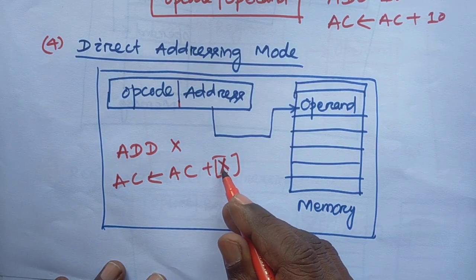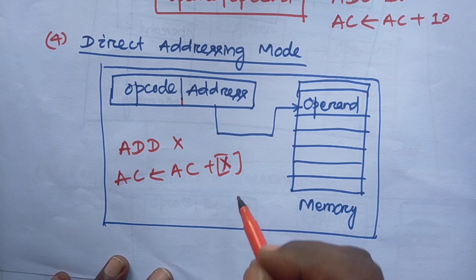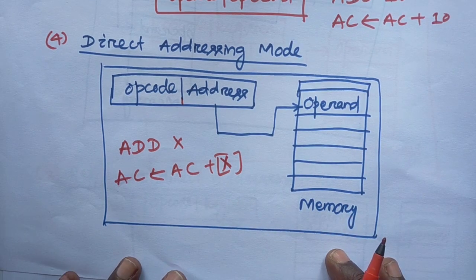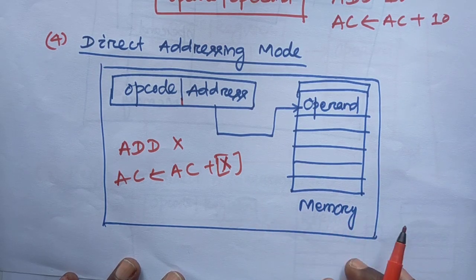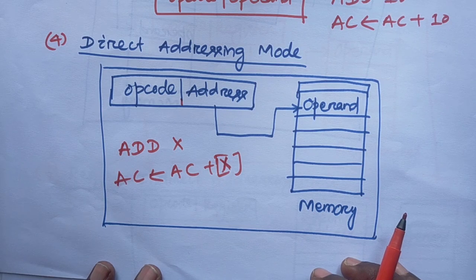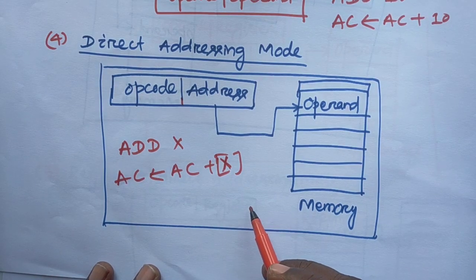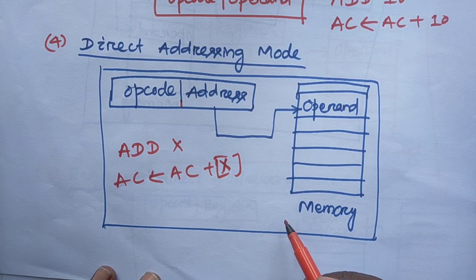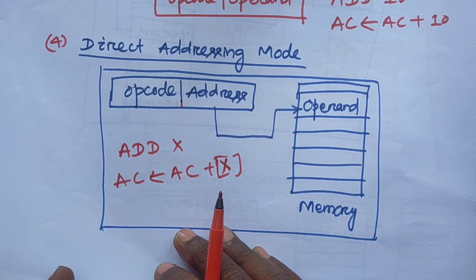The square braces are used for a direct address because there is only one reference; this kind of symbol is known as one reference. So if you add x, then AC plus x, in this way. This is the basic concept of the direct address mode.